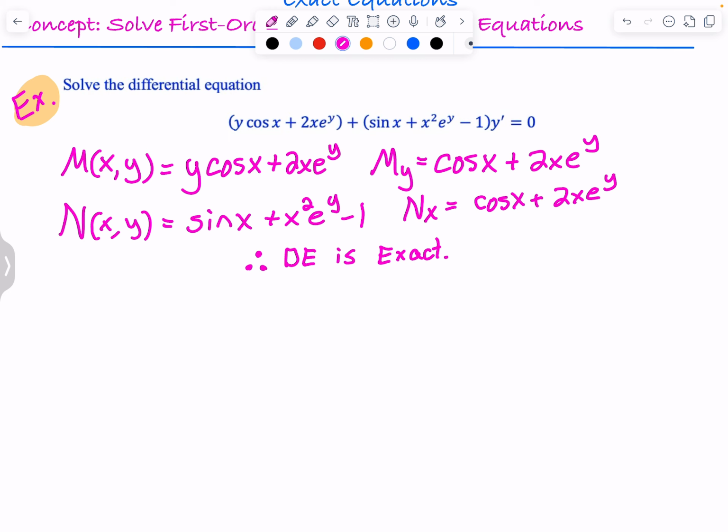Okay, so since it's exact, then I know that some function exists. I'm going to write that down. I'm going to use some symbols here. There exists. I'm only going to write this one time.